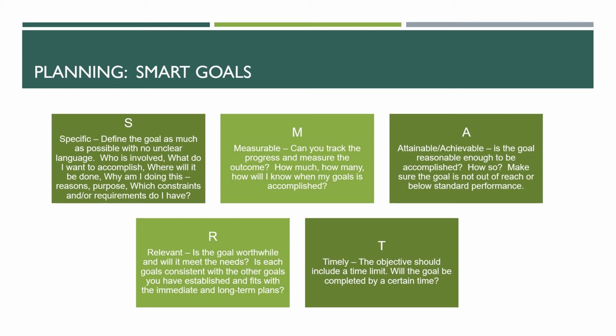How much, how many, how will I know when my goal is accomplished? Can it be attainable? Am I giving my patient too much? Am I expecting my laboring patient who is going completely natural in childbirth to have no pain whatsoever? Is that an attainable goal? That absolutely is not an attainable goal.